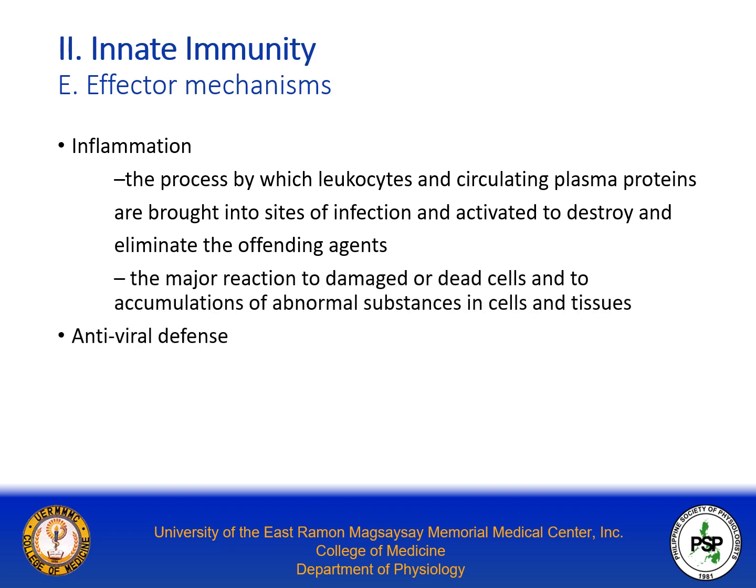Okay? And after the elimination of the offending agents, then there should be repair. And then another effector mechanism will be the antiviral defense. And this is possible through the interferons.